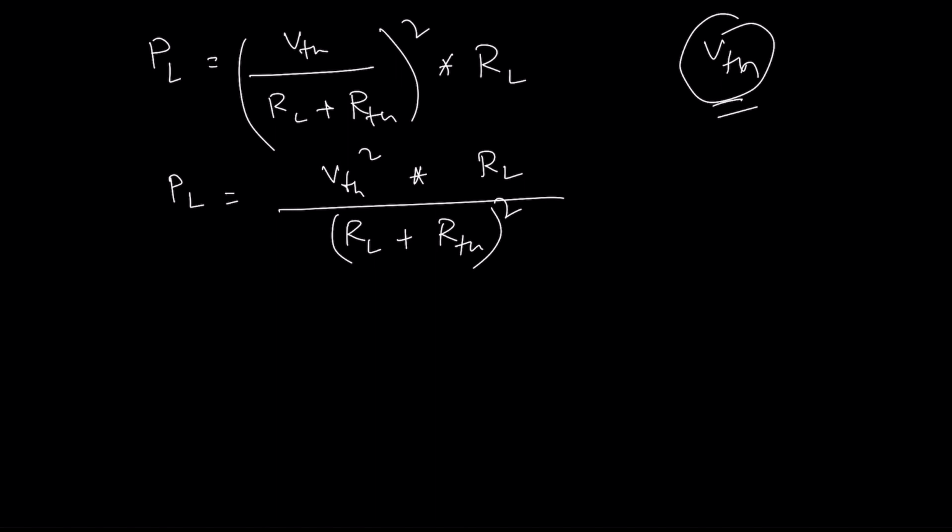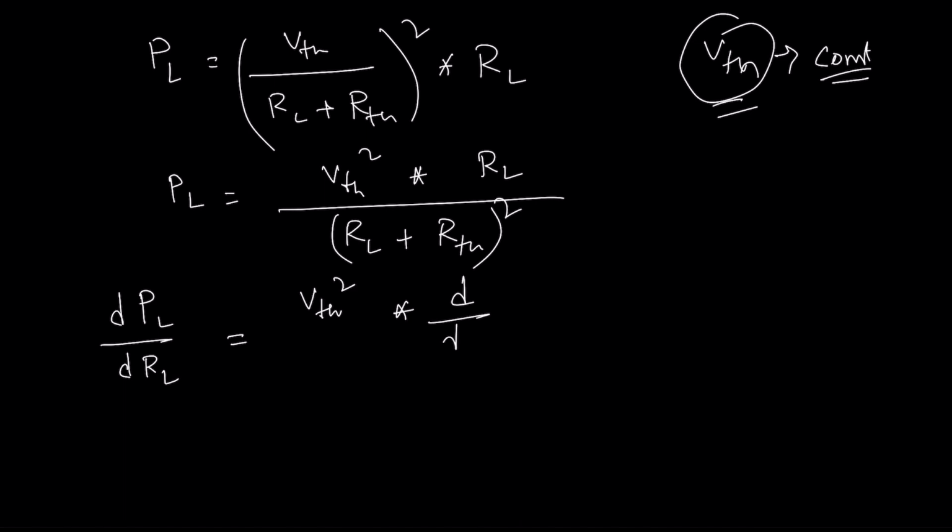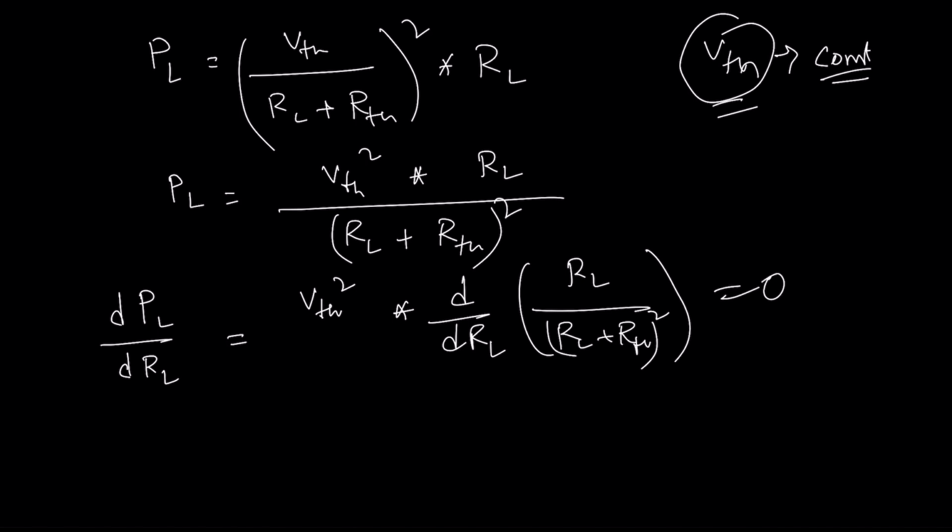That means we can consider VTH as constant. Okay. Then do the differentiation: dPL divided by dRL is equal to VTH squared, constant, d by dRL of RL divided by RL plus RTH squared, equal to 0, right?